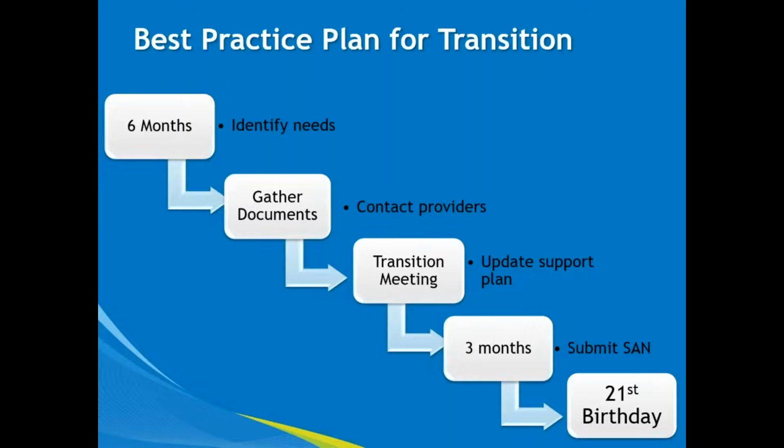So you gather all your information, update your documents, and gather all the documentation that you're going to need, including prescriptions and plan of care, but all of that depends on the client's services and supplies that they will need upon aging out. You will then submit the information to APD at the 3-month mark, and hopefully before or by the 21st birthday, everything will be set for the client when he or she transitions.